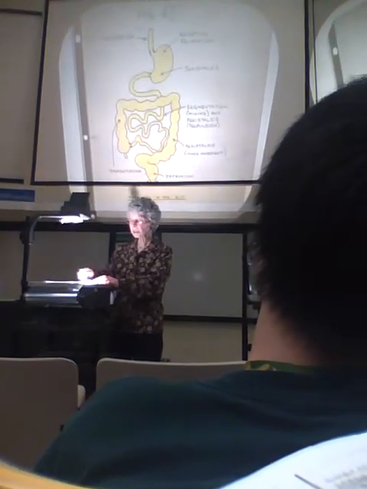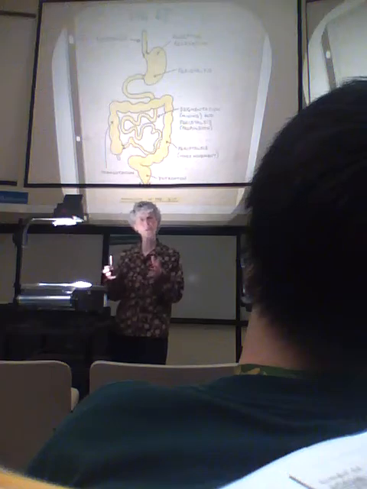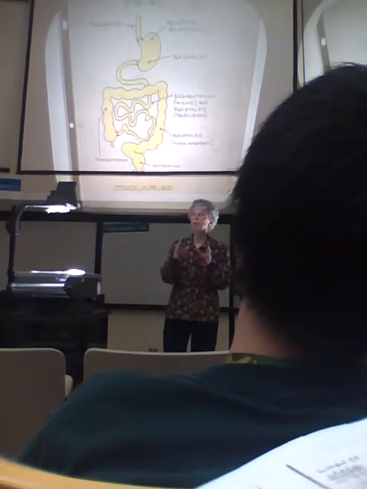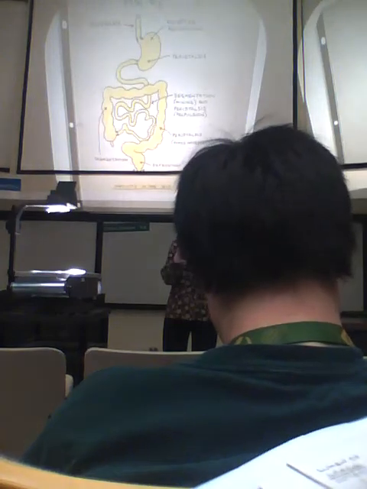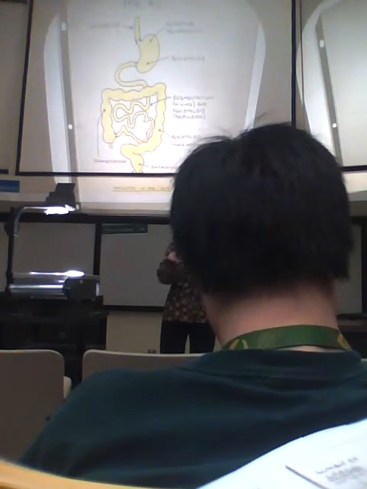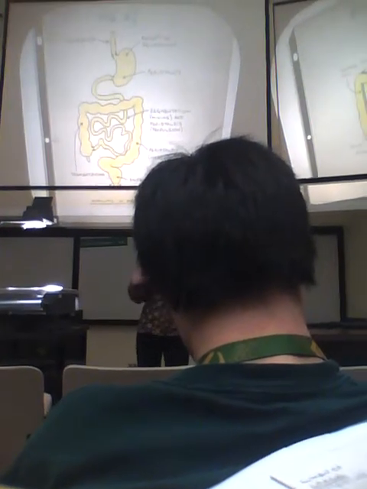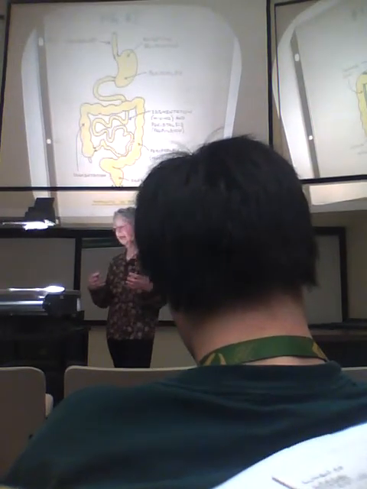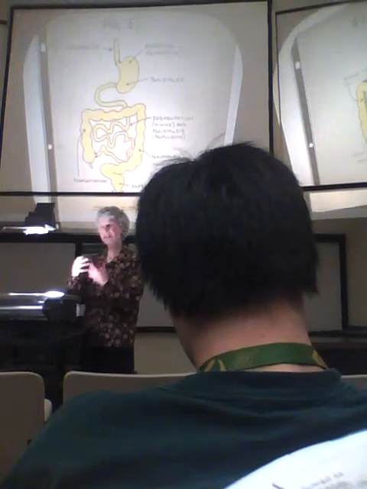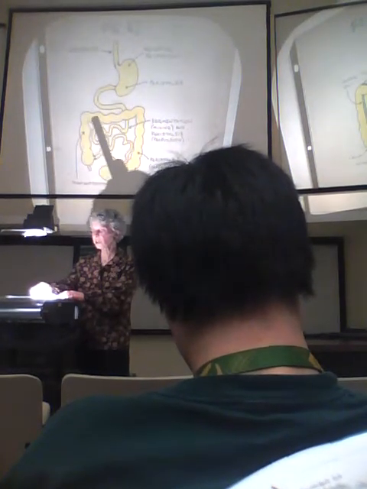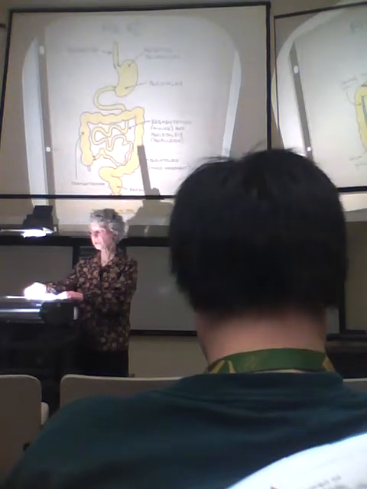The large intestine, again, is a site of temporary storage. You've got to absorb, so you want to expose the contents to the inner lining of the large intestine so that things can be absorbed, water particularly, and you want to mix everything up and gradually pass it on. So there's segmentation occurring here too.